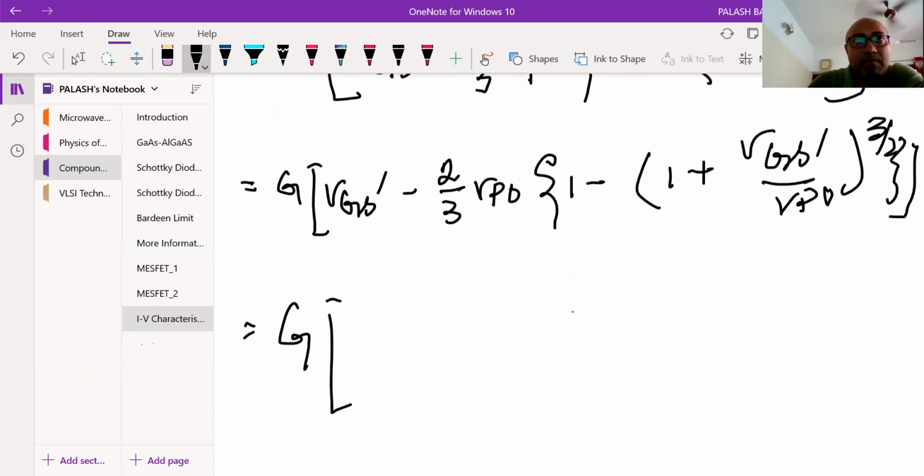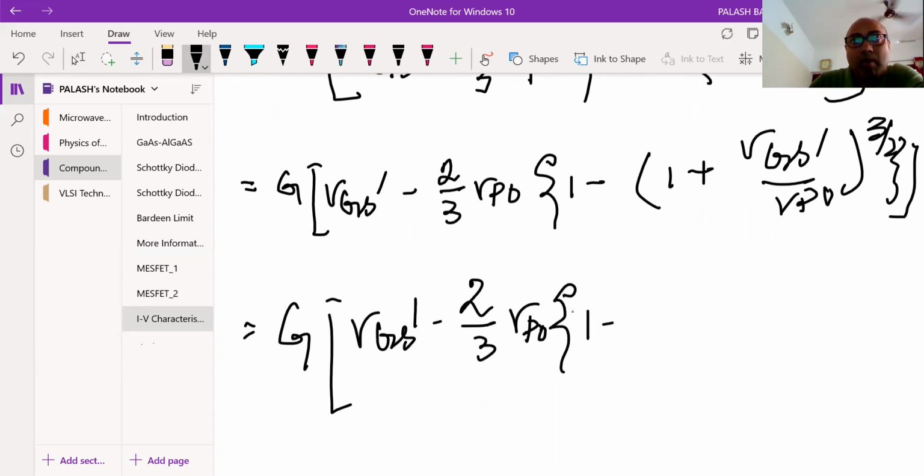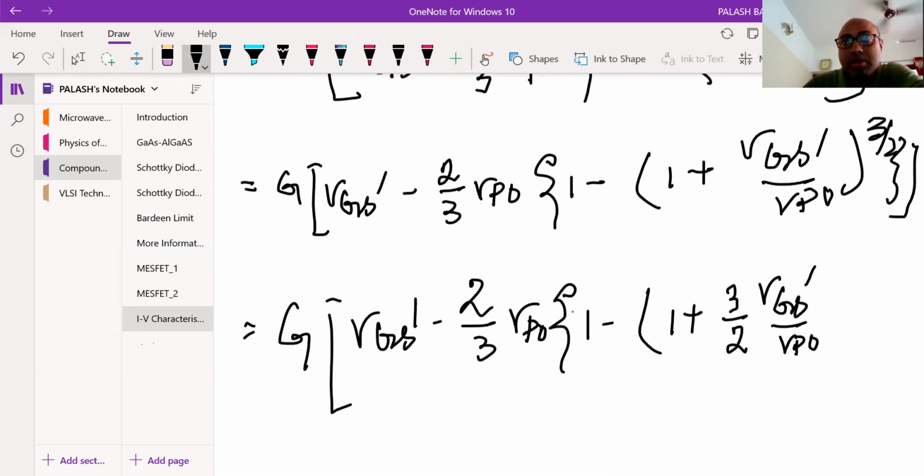G VGS bar, 2/3 of Vp0, 1 minus 1 plus 3 by 2 VGS bar over Vp0. Okay, plus 3 by 8 VGS bar to Vp0.